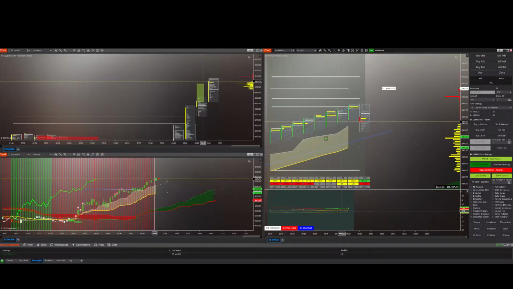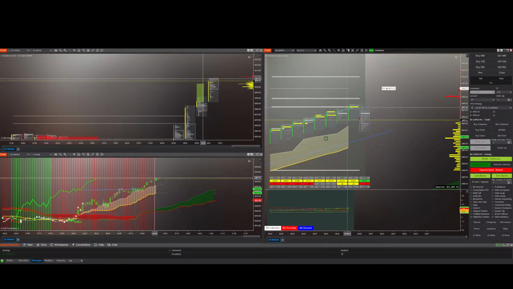I don't like this going sideways like this, especially not on an elevated move up at resistance here. This is where I depend on order flow to kind of make up my mind for me.